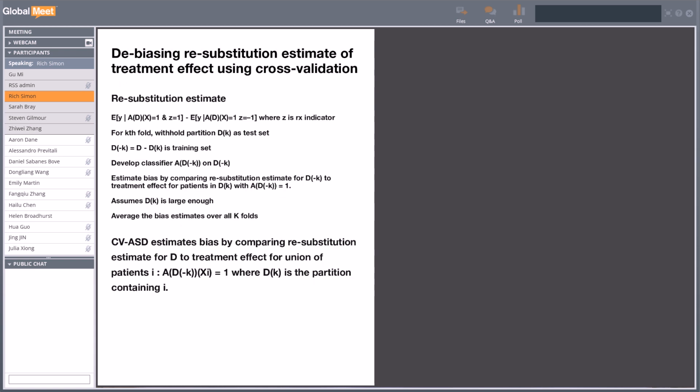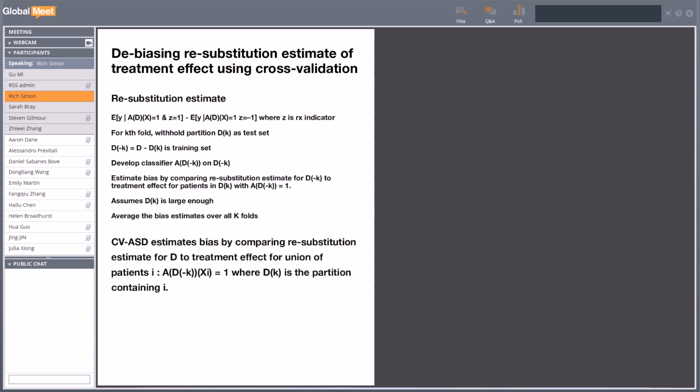And so our objective was to come up with an internally valid way of assessing the treatment effect of a predictive classifier when you're developing the classifier on the same data that you're using for evaluating it.